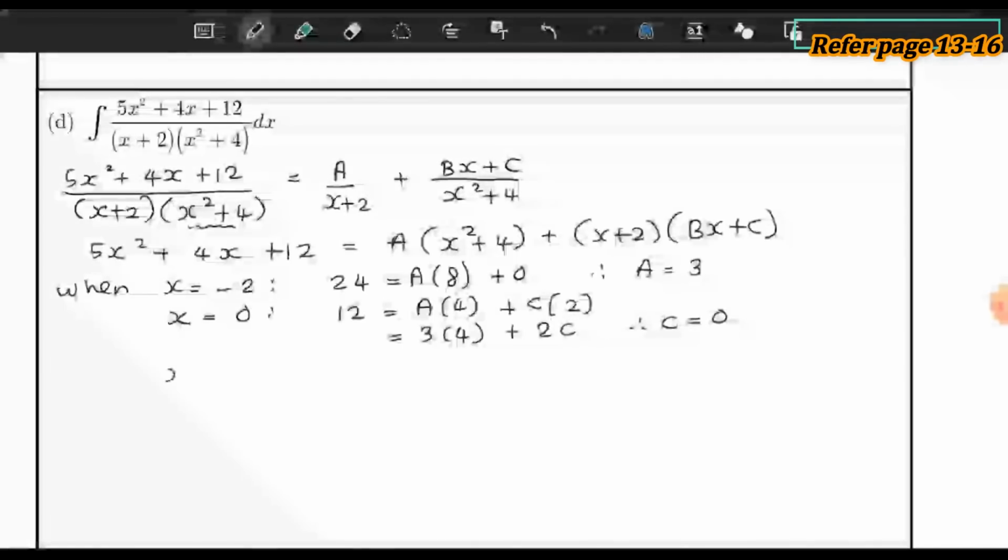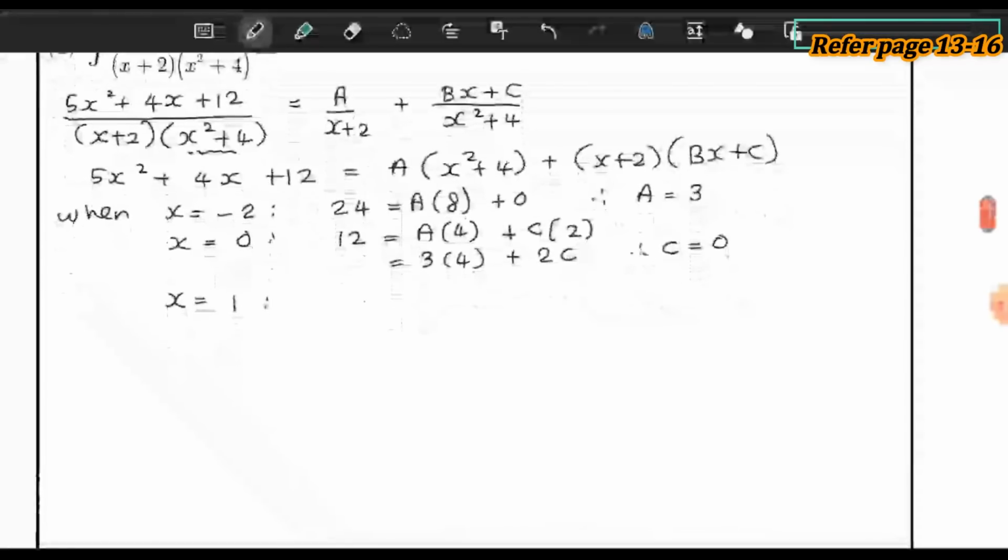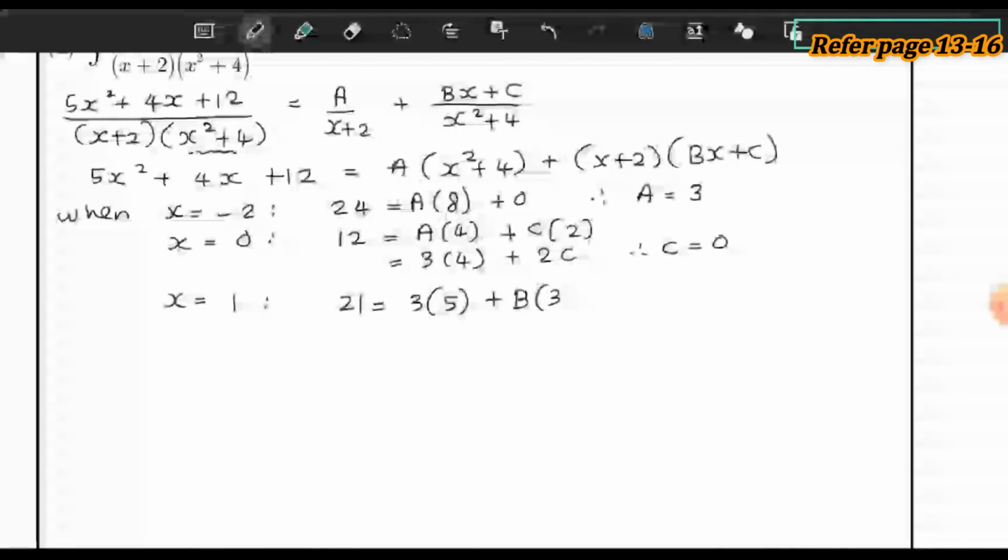And the last one, we can substitute any value of x for the third constant. Okay? So we have 21 equals 3 times 5 plus b times 3. Therefore, b equals 2.